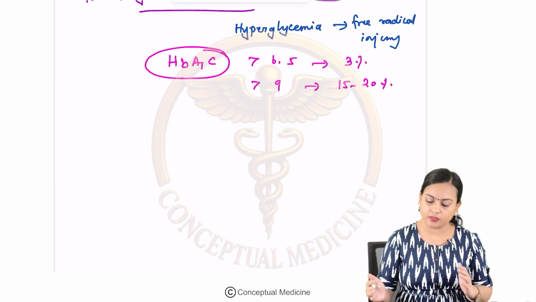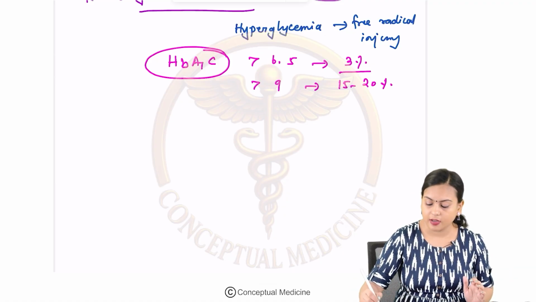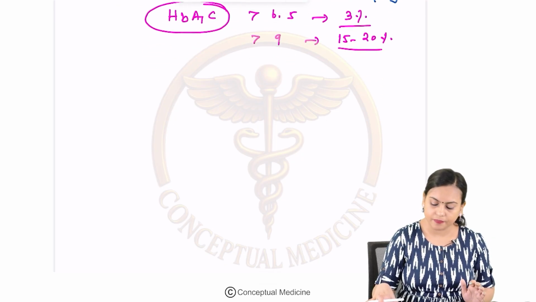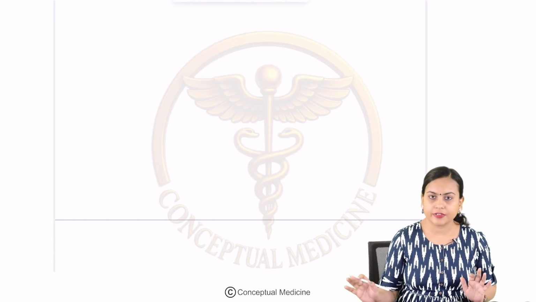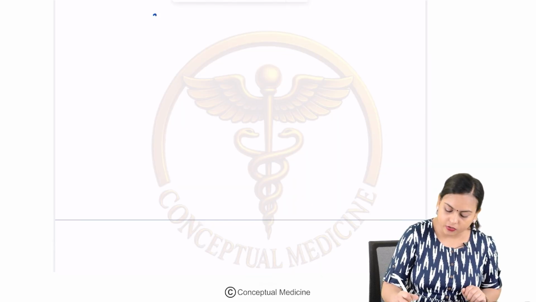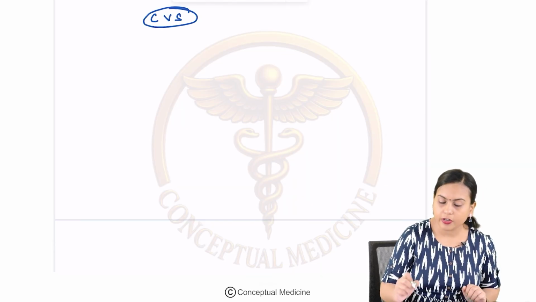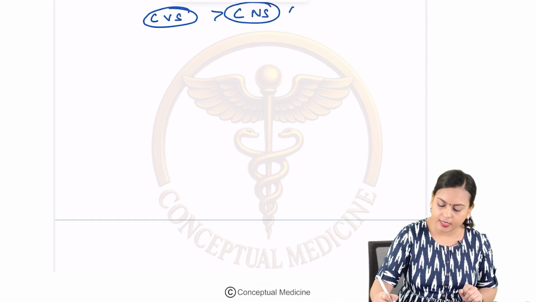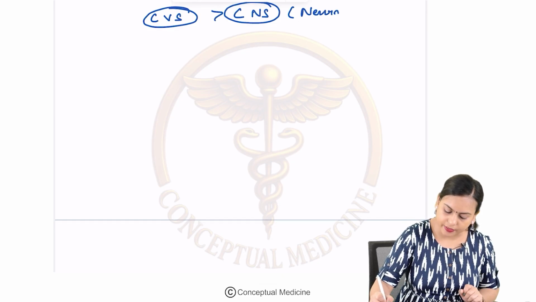Can you see the difference? Here only 3% risk, whereas here it is increasing to 15 to 20%. Now if we see the system, it is most commonly the cardiovascular system which is affected, more than the CNS. CNS means it is mostly neural tube defects.